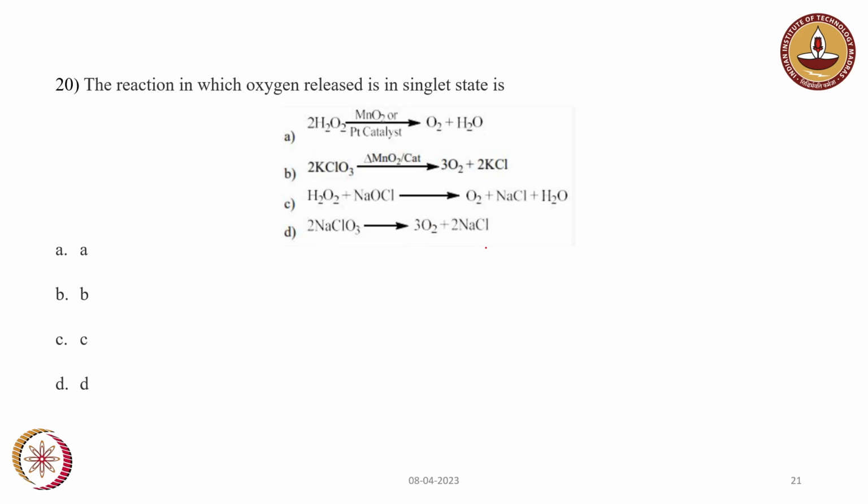So the reaction in which oxygen is released in singlet state is option C, H2O2 with NaOCl giving O2 plus NaCl plus H2O. So here O2 is released in singlet state. In all other reactions, it's a triplet.